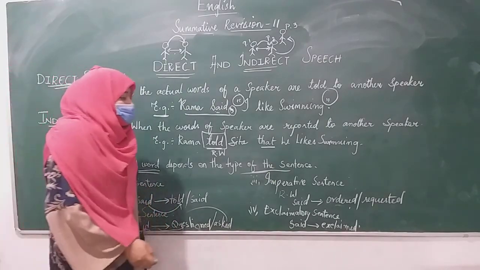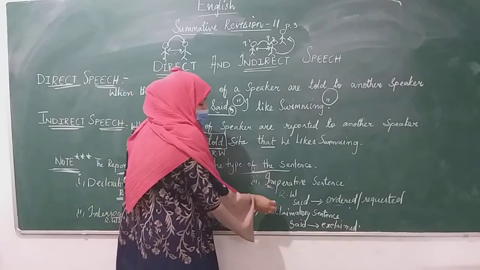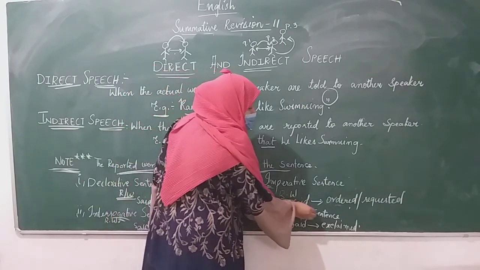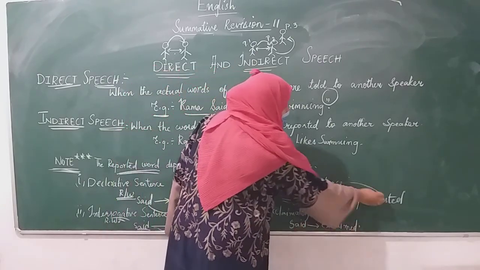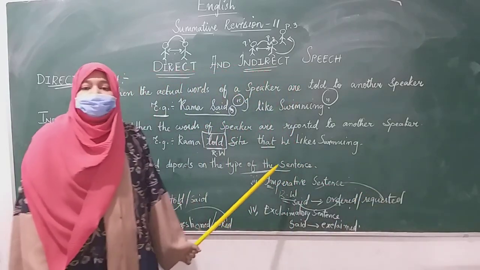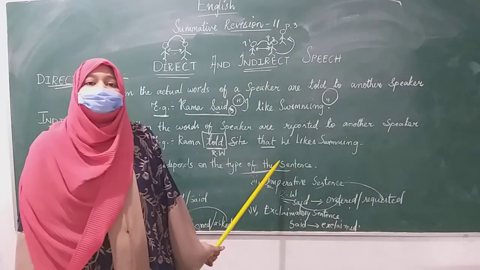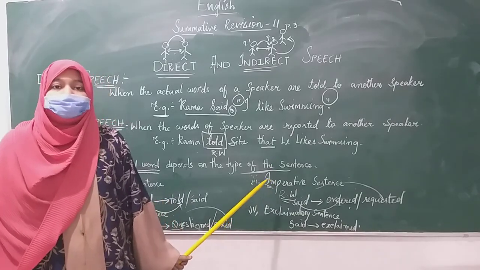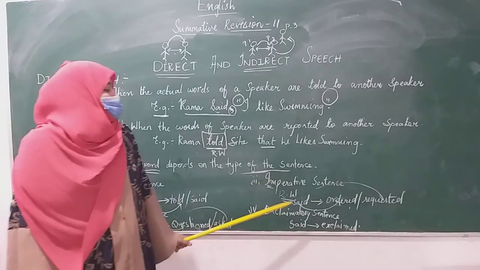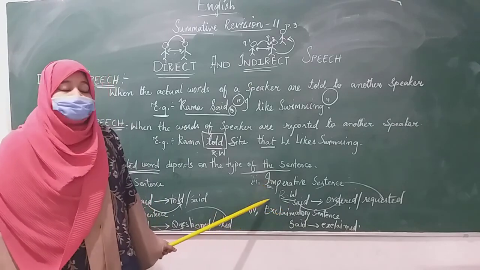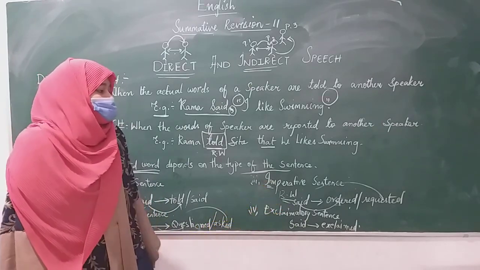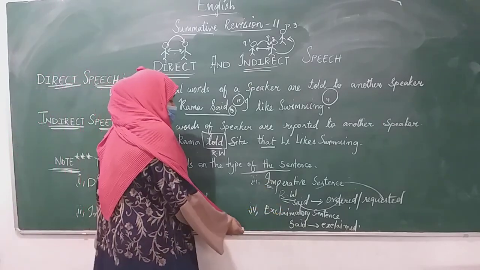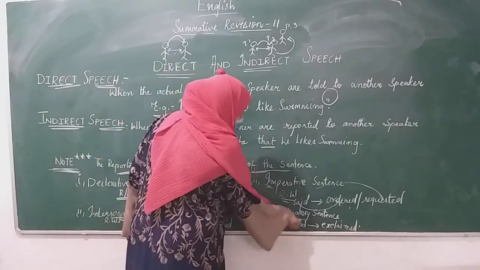Now, the third one is the imperative sentence. The reporting word said changes into ordered or requested. The imperative sentence is the type of sentence that states commands, orders or requests.